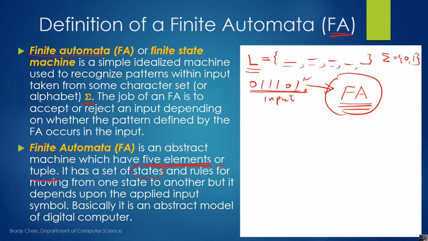So it's basically an abstract model of a digital computer. Now think about a computer language like Java or Python. The language has to meet certain criteria, right? Like L, we define L, which is Java. Of course, languages like Python and Java are more complicated than the language we talk about here. So the criteria is much simpler here than Java or Python. However, the concept is the same.